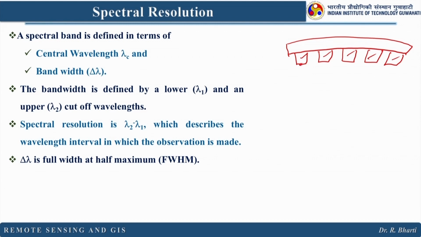These sensors are looking at our ground and generate one image. What I am talking about here is for this particular sensor which is capable of generating images in a particular wavelength range. Now I will zoom into this part, right.